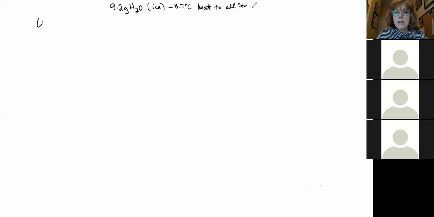All right, let's start off with the complex problem first. I'm going to give you basically an example problem and how it would be. So let's say we have 9.2 grams of water, and it's ice, so I'll put that in parentheses, because it's going to start out at a negative 8.7 degrees Celsius, and heat to all steam or water vapor, and we're going to go to 135 degrees Celsius.